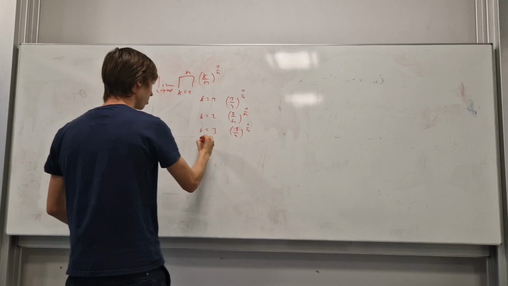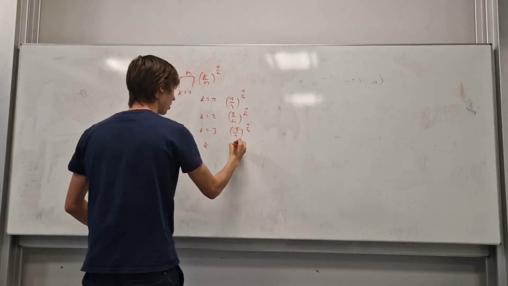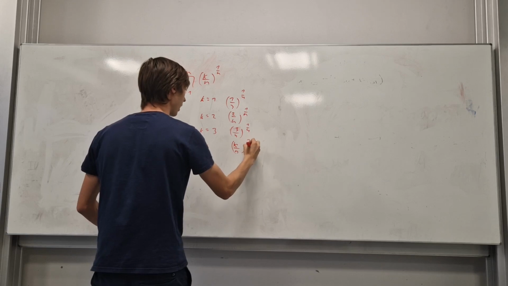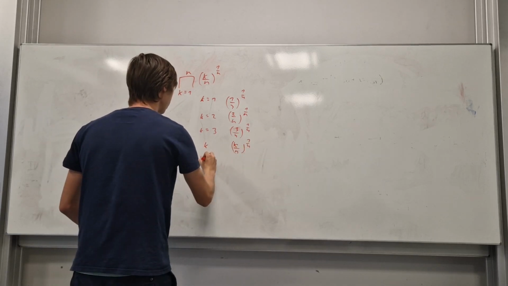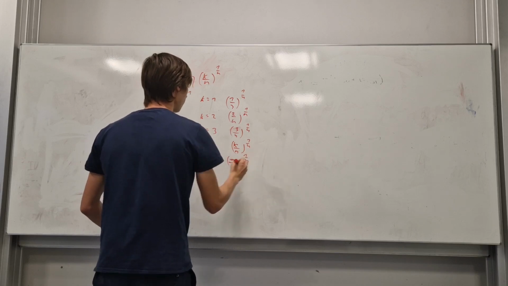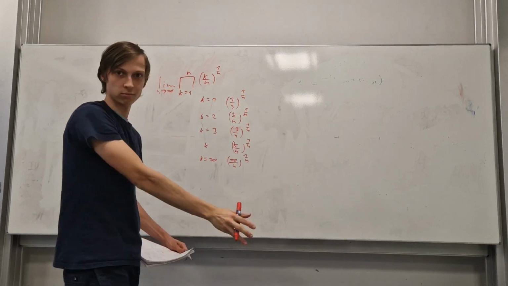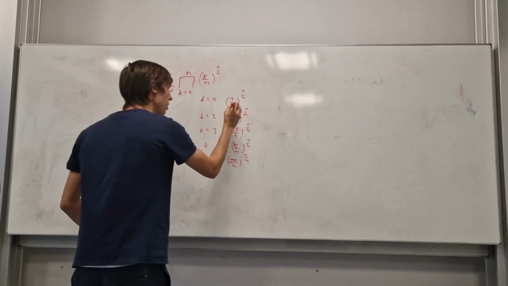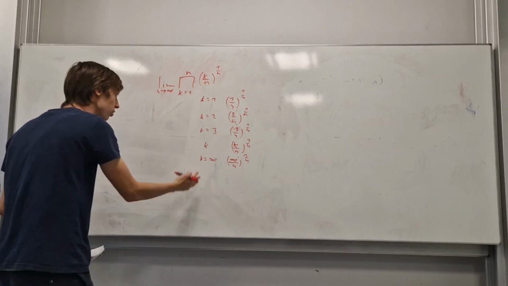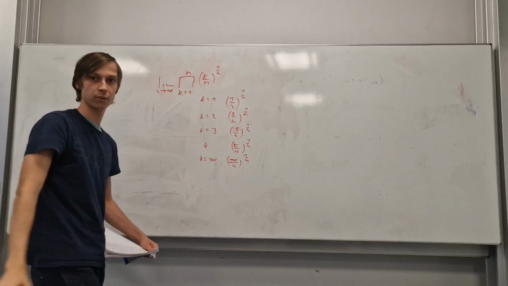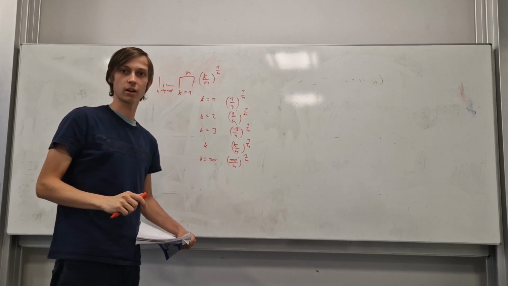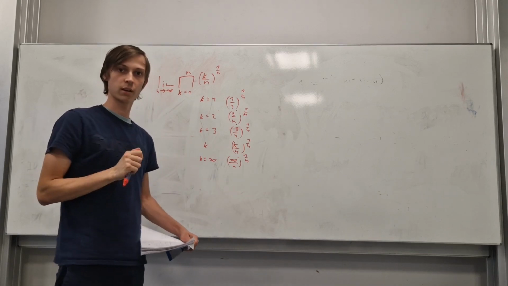And for some general k, we have (k over n) to the 1 over n. It goes until k equals infinity, then we have (infinity over n) to the 1 over n, but n is infinity all along. Then we want to take a product of all these terms, 1, 2, 3, all the natural numbers in between, all the way to the infinite term, and the result will be a convergent finite number. So that's where we want to get.